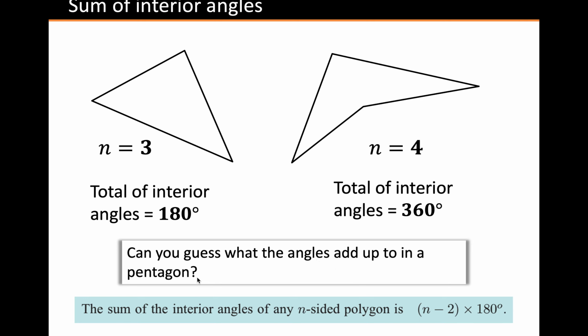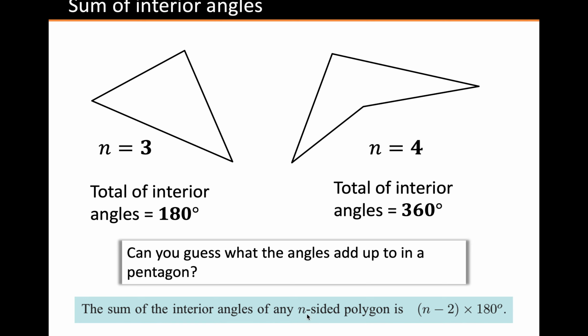A pentagon is 5-sided. From 3 to 4 sides, the increase in angle is 180 degrees. So if we follow the pattern, we increase 180 from 360, that is 540. Angles in a pentagon add to 540.